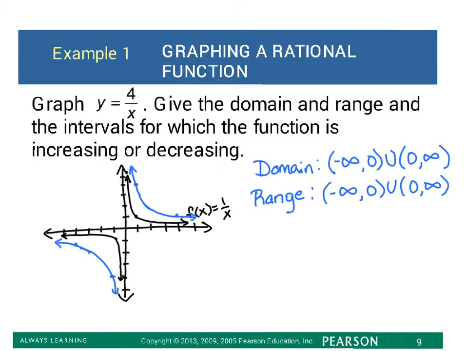And then if we look at the function and try to find the intervals for which the function is increasing or decreasing, you would see that on the whole domain, it is decreasing. This piece of it is decreasing if we read the graph from left to right, and so is this piece. It's decreasing from left to right.